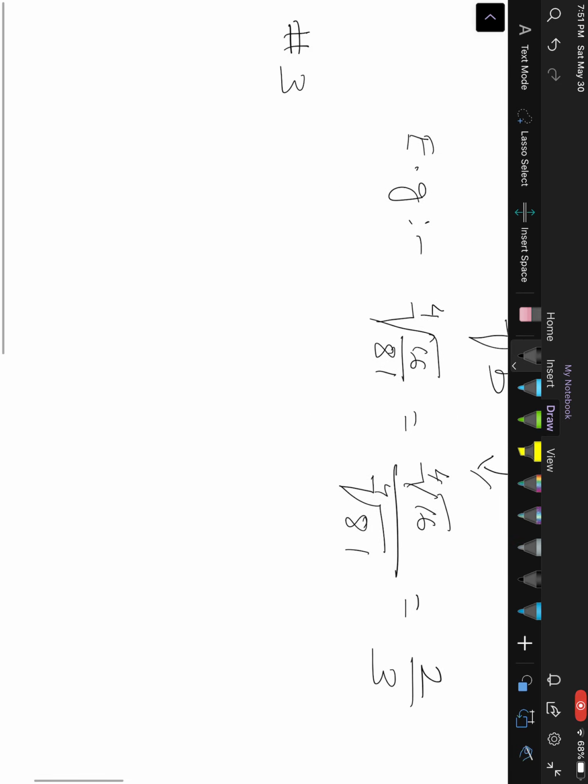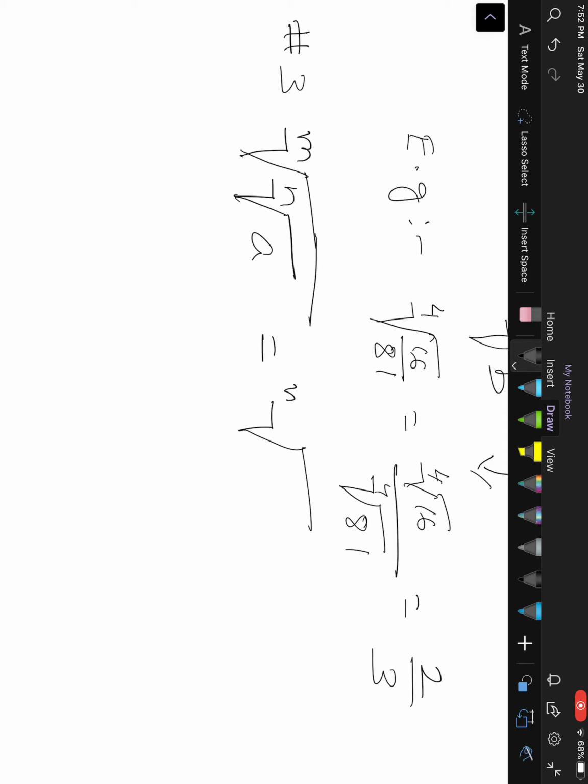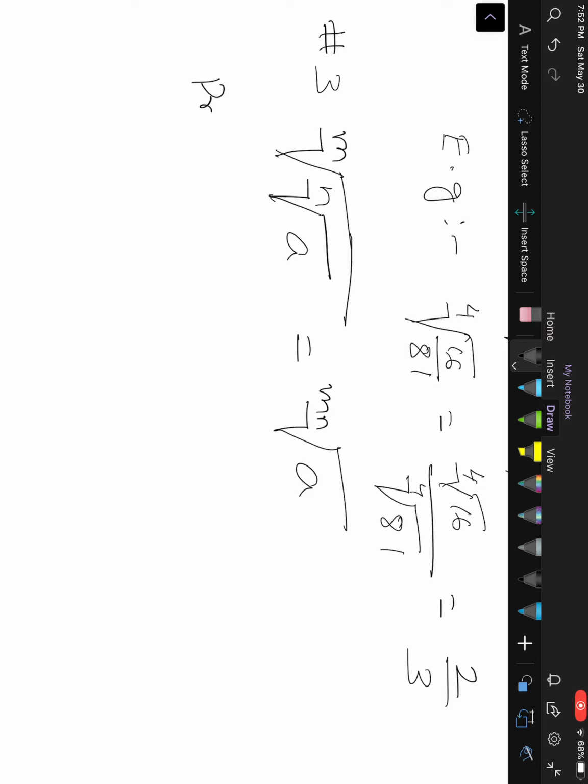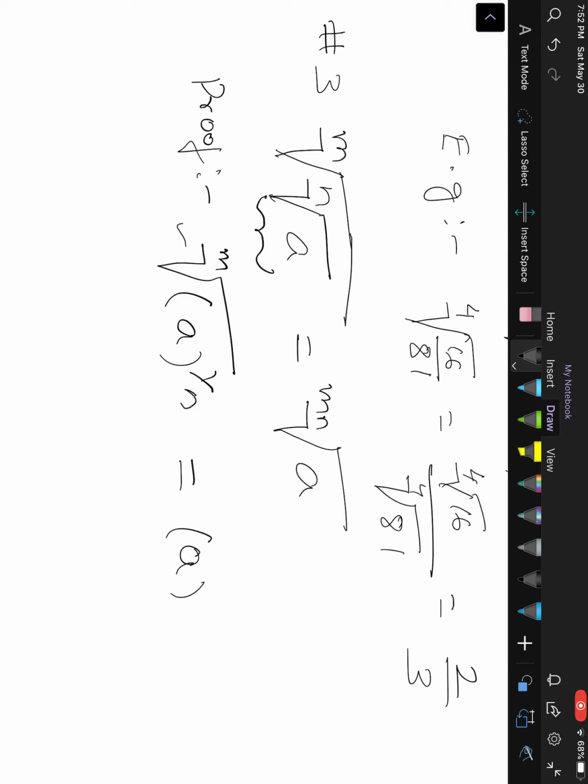Third property, suppose I consider the mth root, m for monkey, of the nth root of a. So this is nothing but the mn-th root of a. To prove this, I can write the term inside, that is the nth root of a, as a to the power of 1 by n, and this mth root, again using the definition, I can apply the power of 1 by m over this.